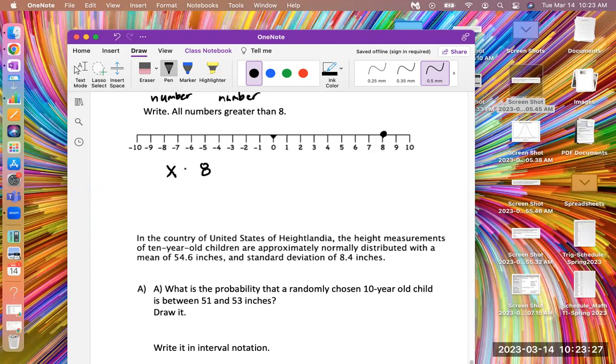Let's just try something, because there's only 2 directions, I could only go this way or that way, right? So if I draw it this way, is this expressing all numbers greater than 8? If all numbers are greater than 8, where the x is, that value has to be greater than 8.